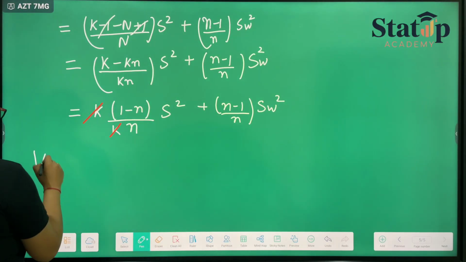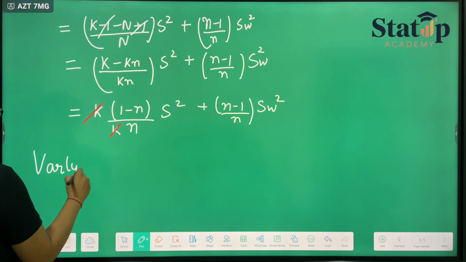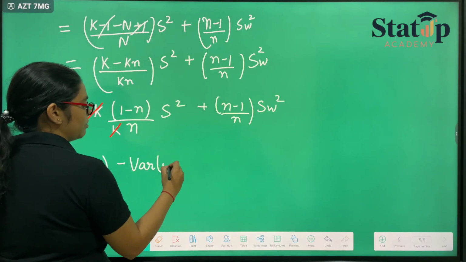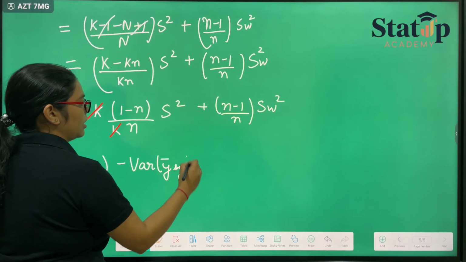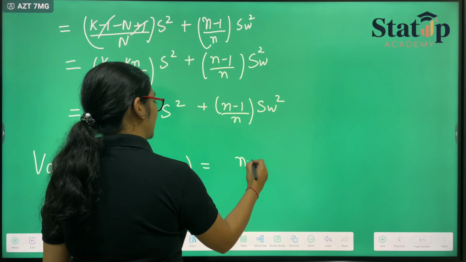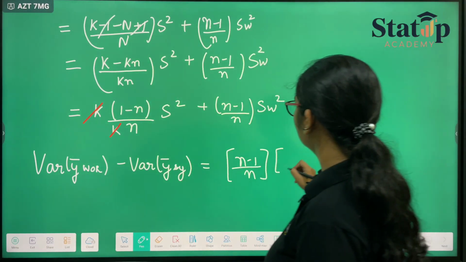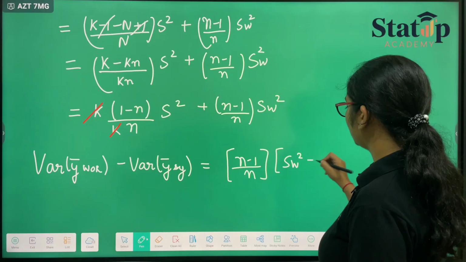So we can write it as variance of y bar without replacement minus variance of y bar systematic is nothing but (n minus 1) upon small n into (Sw square minus S square).